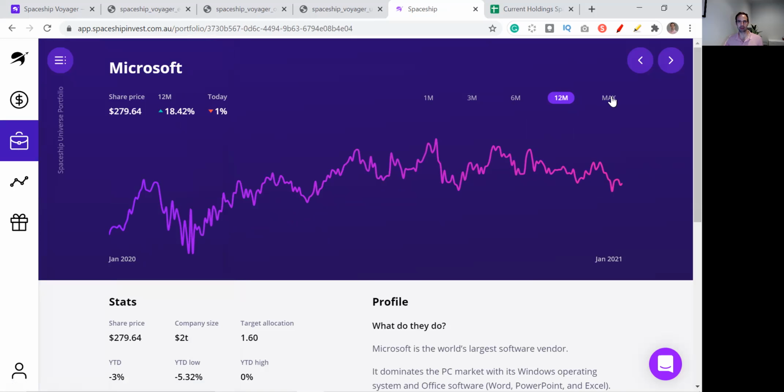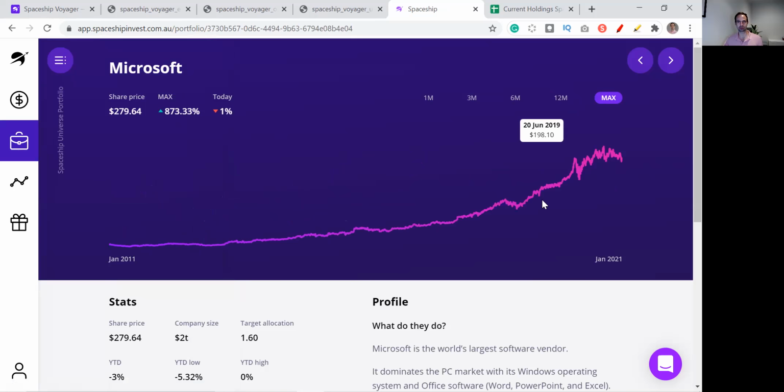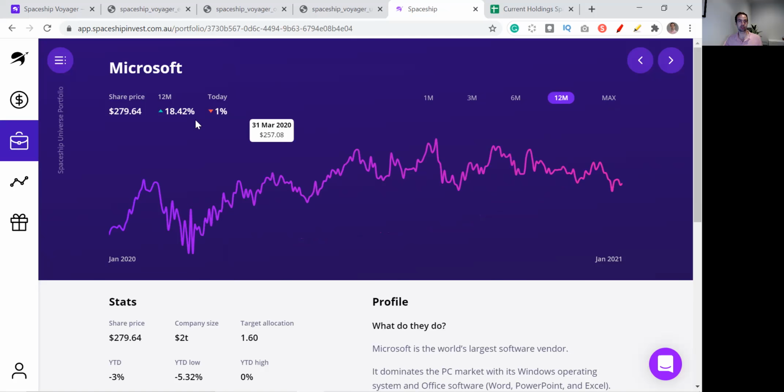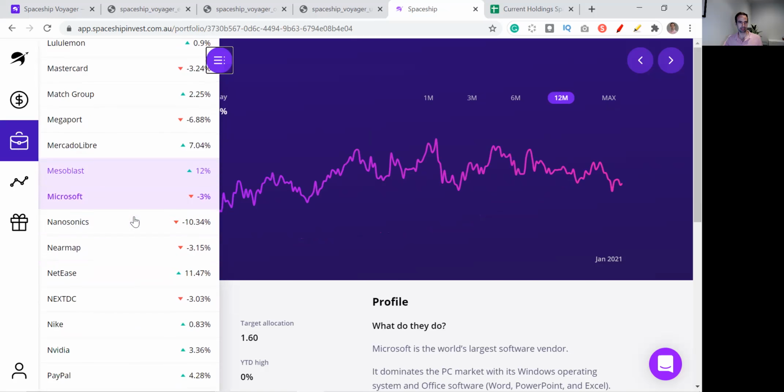When you go further back, you can see that the growth was massive over the last number of years. So since 2018, almost doubled, or probably even doubled. But the last 12 months, certainly not so much.